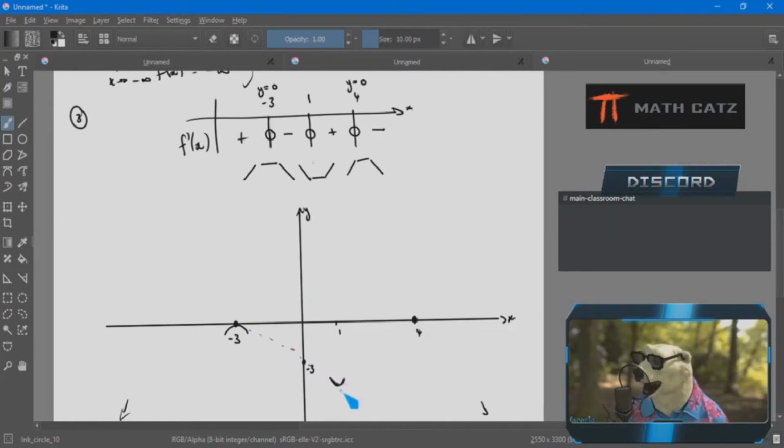And remember what happens there. Then at 4, we're making a little crest again. That does fit with the long-term behavior that I got out of step 2, that they're both going down, far to the left and right. So everything seems good so far. I'm increasing from 1 to 4, decreasing down, increasing all the way to -3. Everything seems to work. So far, so good.